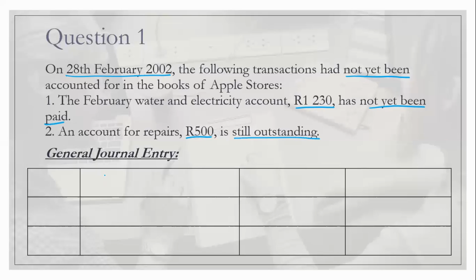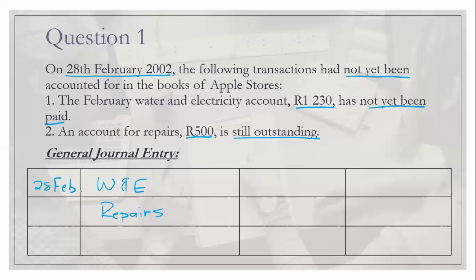Accrued expenses. So on the 28th of Feb, we are writing what? Ma'am, I wrote water and electricity and repairs. Good. Water and electricity and repairs. Perfect. Okay. Are these being debited or credited?